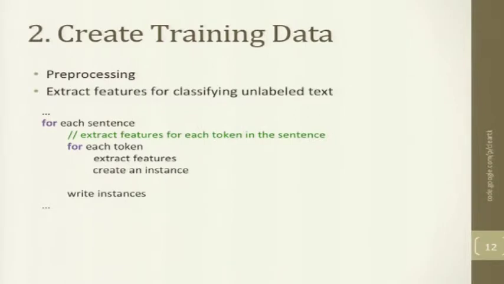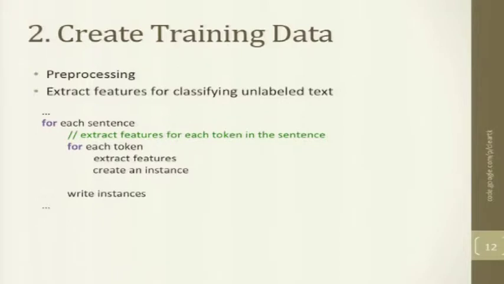So once we've read our data into our application and we have our labeled text, we need to create training data. And so to do this, we'll be extracting features that will help us to identify unlabeled text. So here I just included some pseudocode.